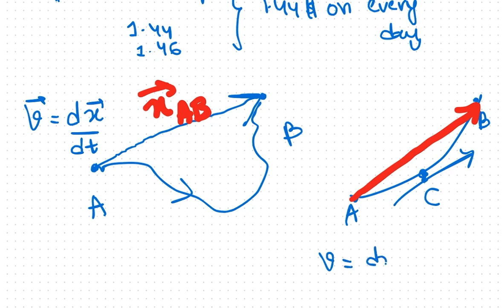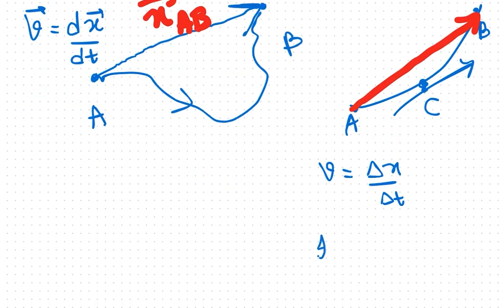So remember dx by dt, right? Well, usually it is delta x upon delta t. If delta t approaches 0, delta t means what? The gap between initial and final. If this gap becomes smaller and smaller, it will approach a single point.